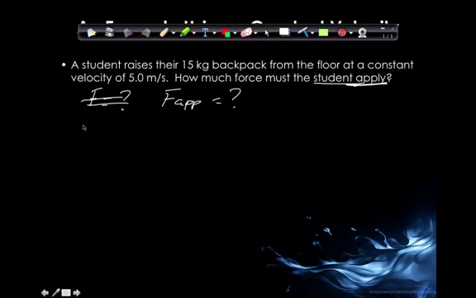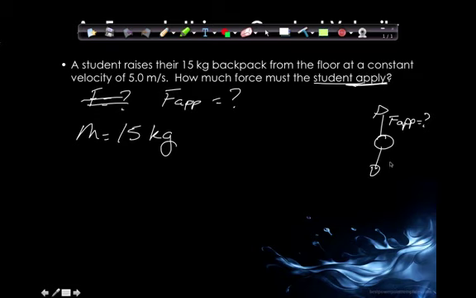It also tells you that a mass is 15 kilograms. And we know that the backpack is going up. So really what we have here is an object that is moving up. We're looking for the force applied here. And we know that there is going to be a force of gravity here also.